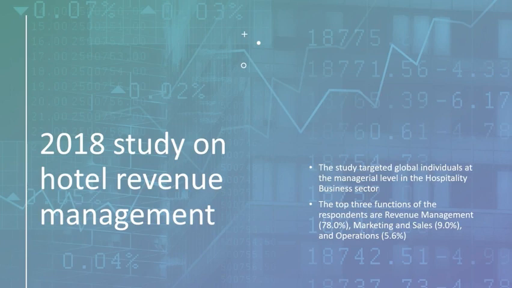This study targeted global individuals at the managerial level in the hospitality business sector, and the top 3 functions of the respondents are revenue management, 78%, marketing and sales 9%, and operations 5.6%. So I can tell you that we can rely on the findings of this study because the majority of the respondents are in revenue management.